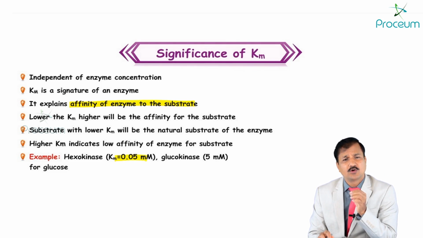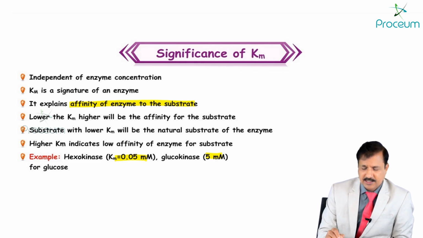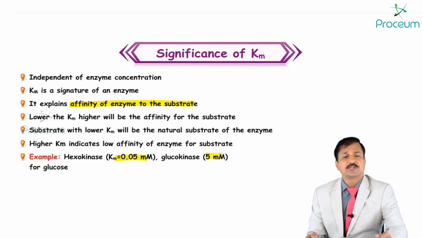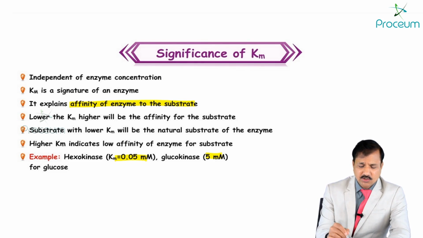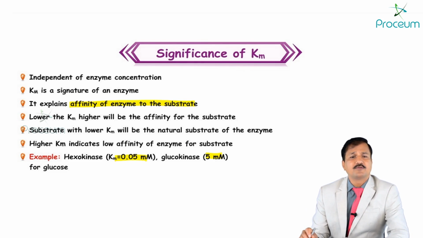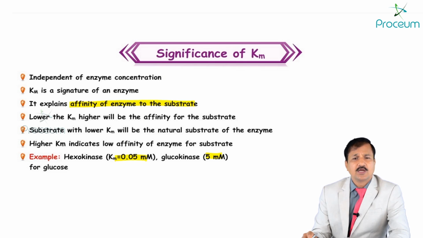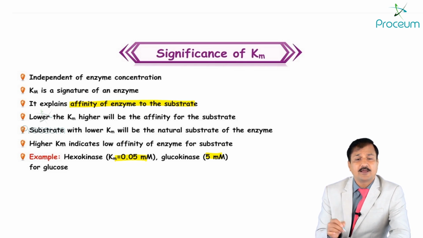Hexokinase Km for glucose is 0.05 millimoles, whereas for glucokinase Km is 5 millimoles. What is the difference? Hexokinase has a Km of 0.05 millimoles, glucokinase has a Km of 5 millimoles, so it is a 100 times difference.